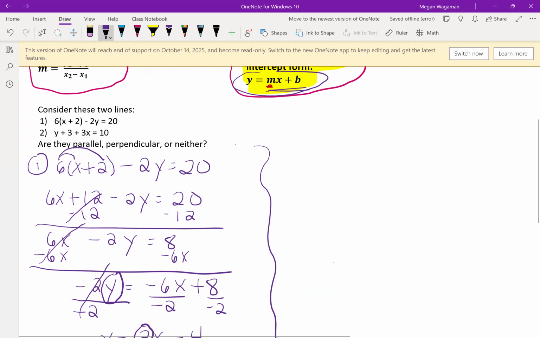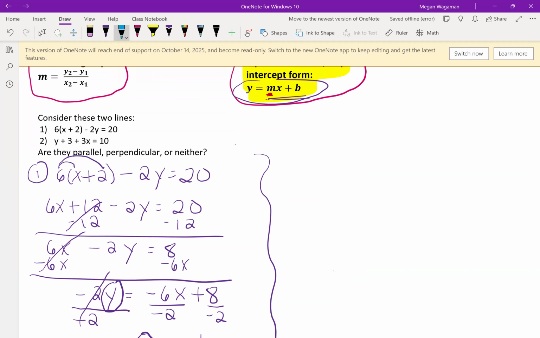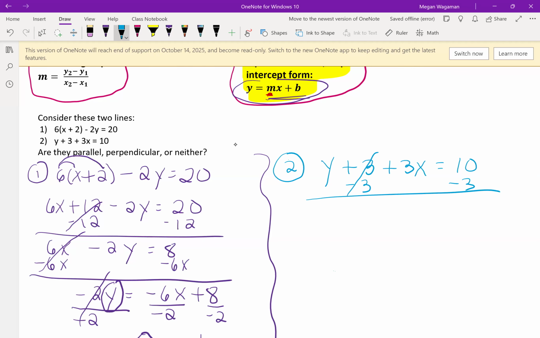Now let's do a similar thing for line 2. I'm going to try to fit it in right next to it so we can more directly compare. This one has the original equation y plus 3 plus 3x equals 10. I'll subtract my 3, so that cancels out the 3 here. I just have y plus 3x equals 7.